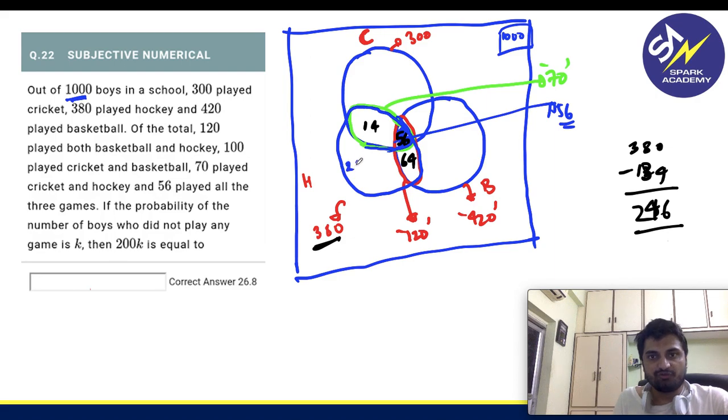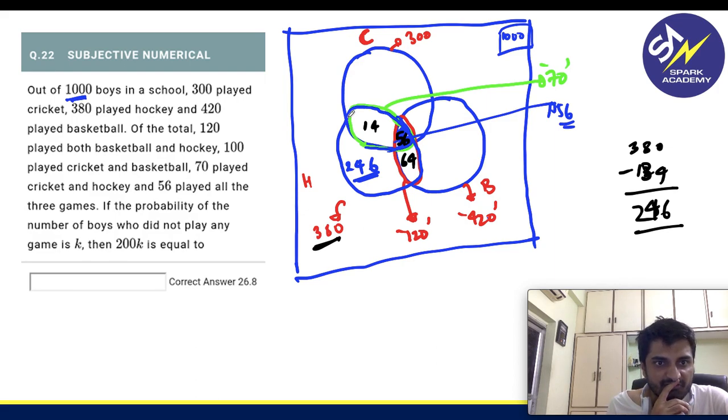Only hockey is 246. What about this similarly? This I know, 15 I am getting. So this portion I don't know. This part is 70, I know. I don't even know this. Okay. Now what else is given here? So this part I know.